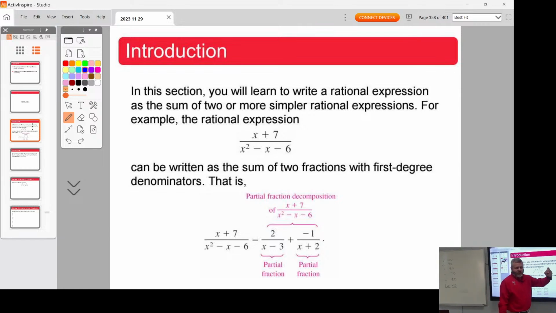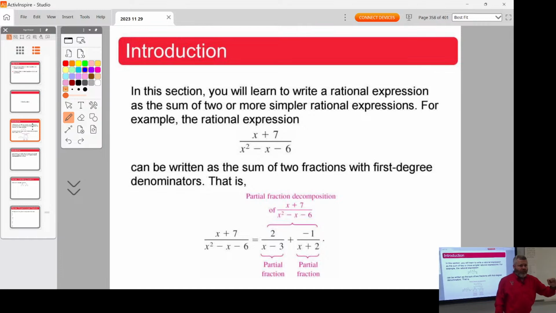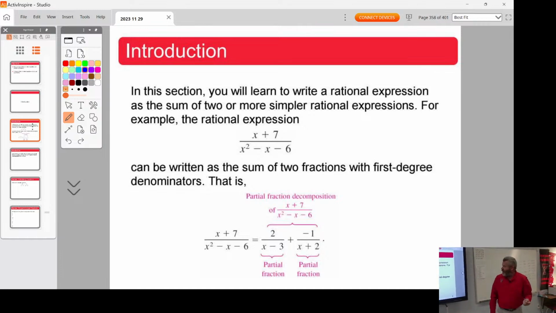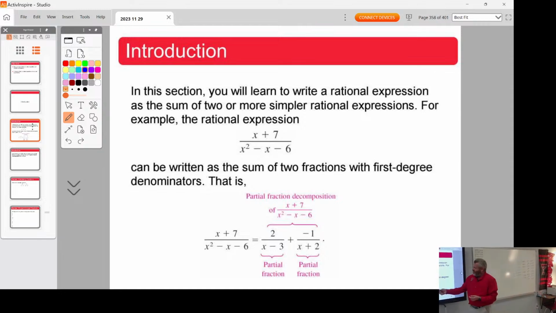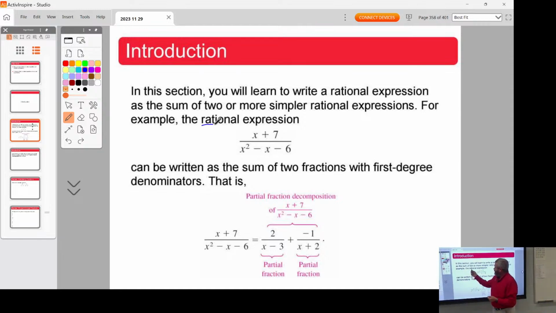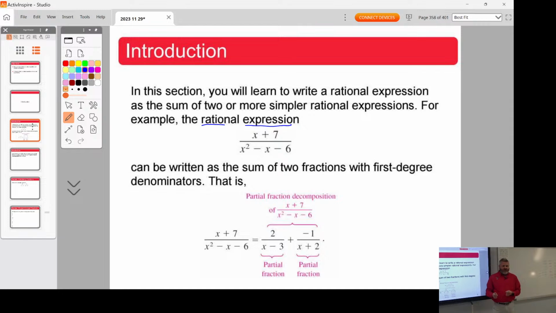Do y'all remember what a rational expression is? What makes an expression a rational expression? It's a ratio of expressions. A ratio is another word for fraction.